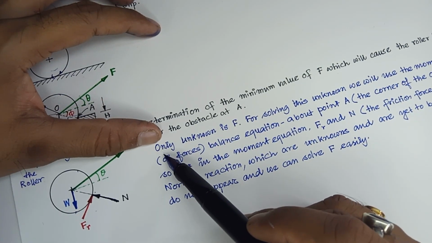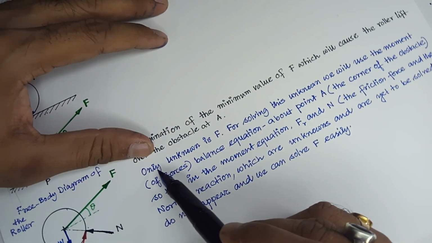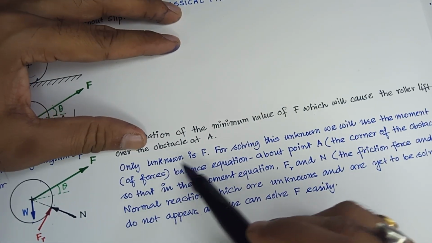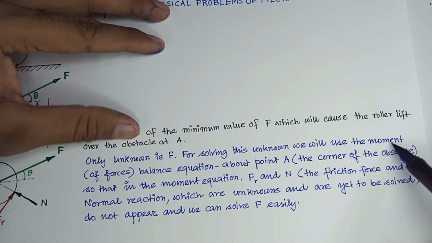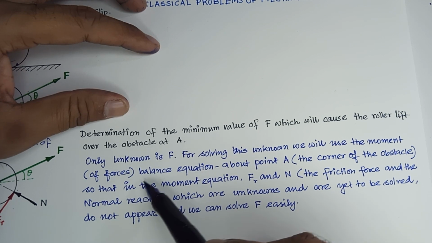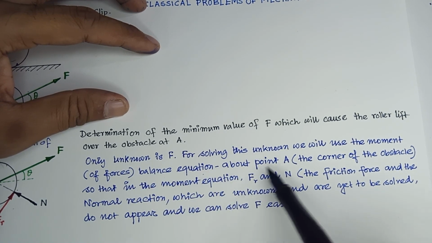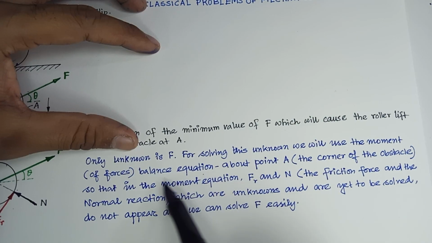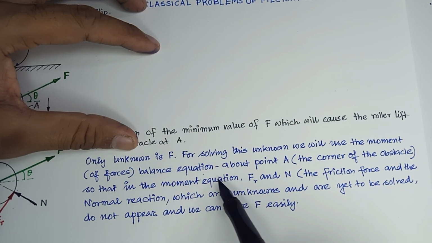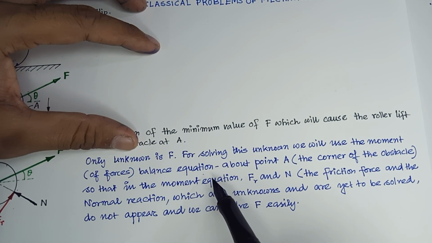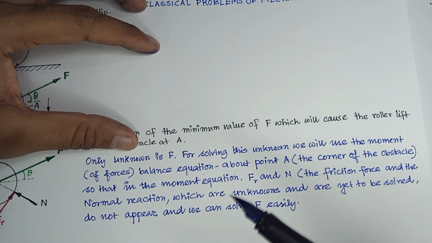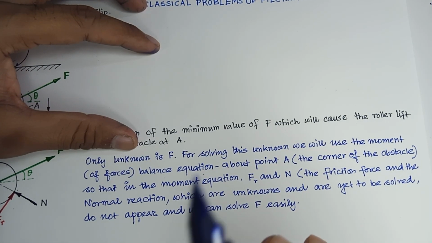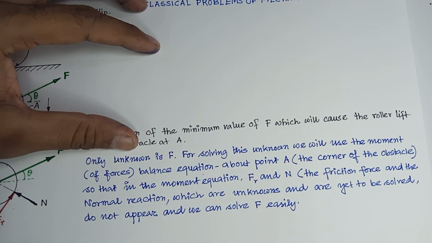So what should be the strategy? Let us try to see. Only unknown is F. For solving this unknown, we will use the moment balance equation about point A, that is the summation of moments of all forces about some point, any arbitrary point. If it is 0, that means if it is not rotating, I can take the moment center at any point.